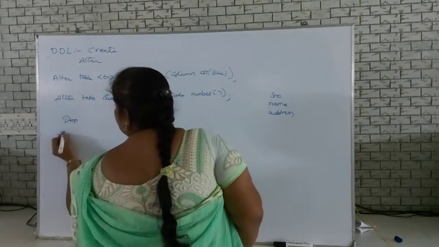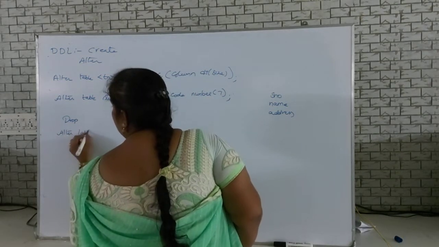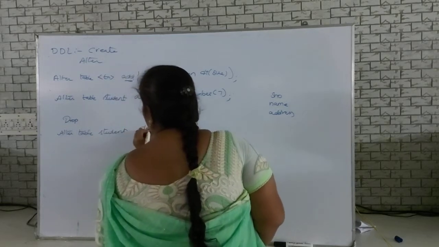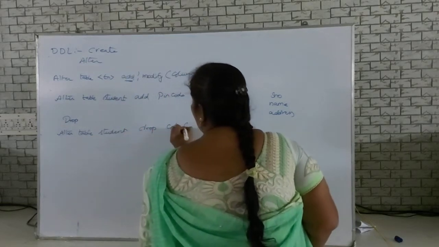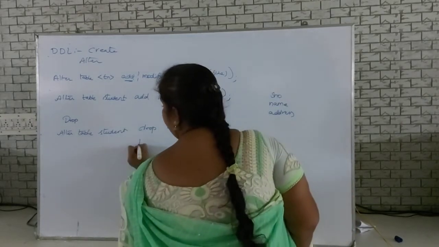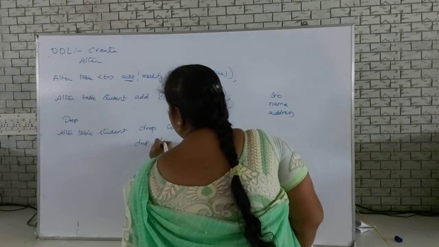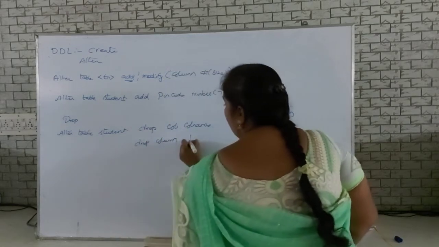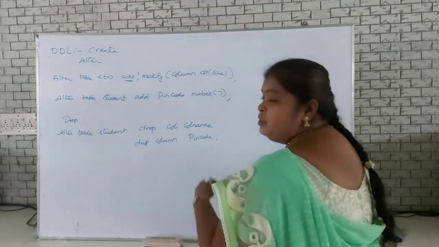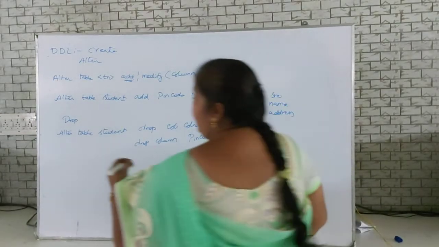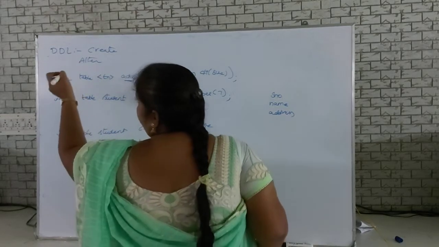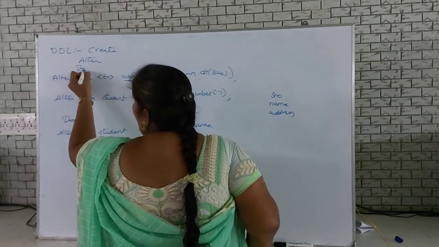So alter table student drop column pin code. So the pin code will be deleted from the table.